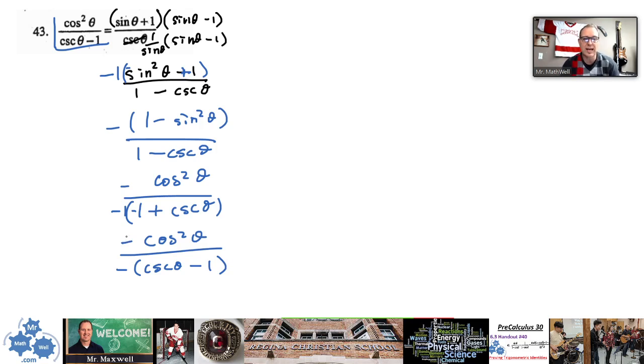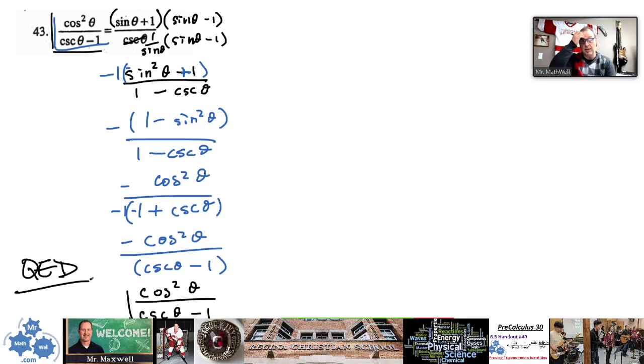And once those negatives are both gone, now I have the exact same situation as the left side. So there you go. Now you are completely done. QED, I am done. And that's how you do 43.